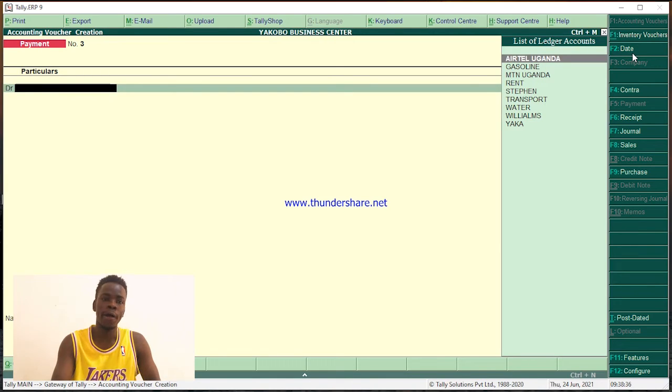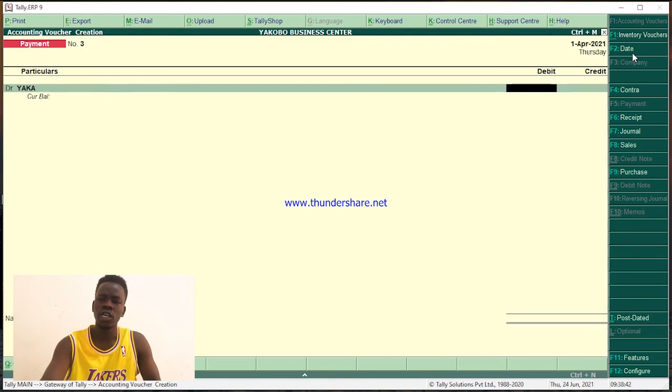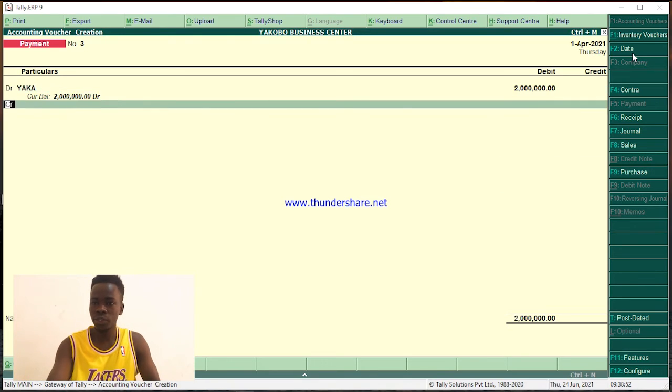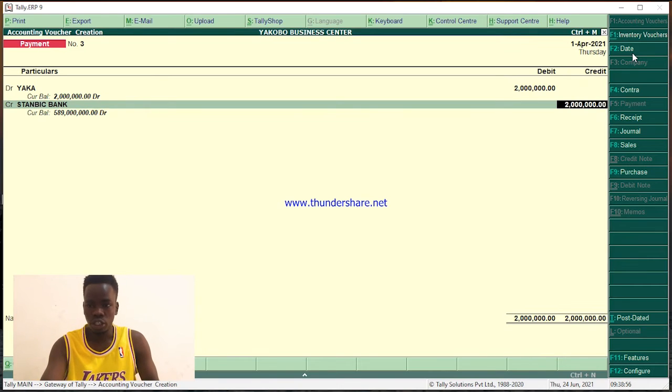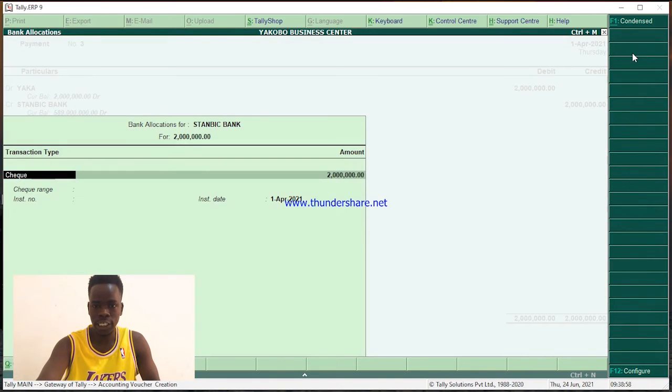The next thing we're going to pay is Yaka. The amount we paid for Yaka is 2 million. So we are going to pay using the Stanbic Bank. We are going to just continue paying like that.